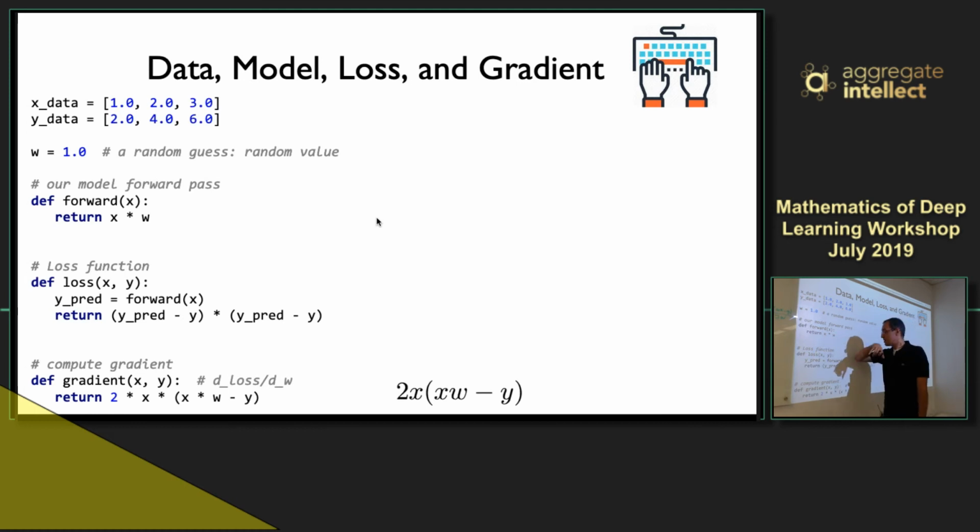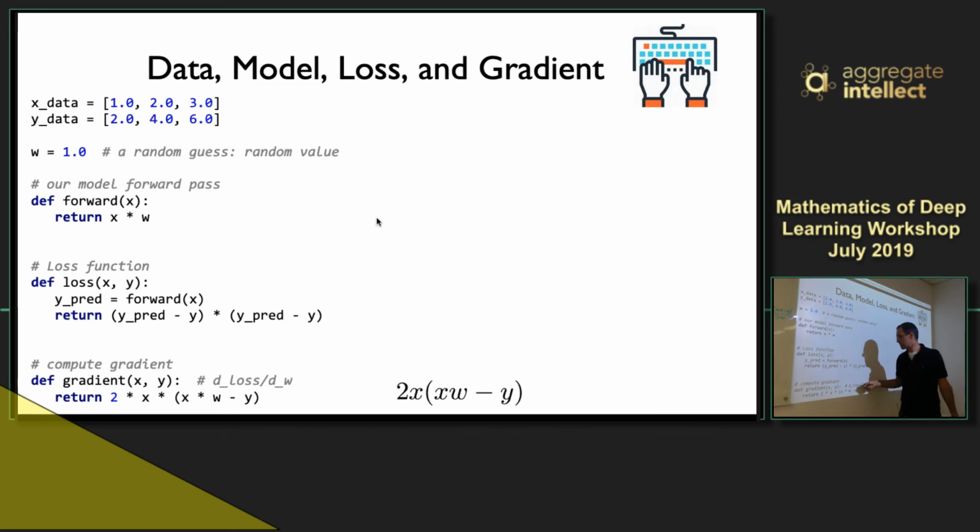And my loss function is forward x, and so my predicted value of the function is forward at point x, and then the loss is predicted y minus actual y squared.